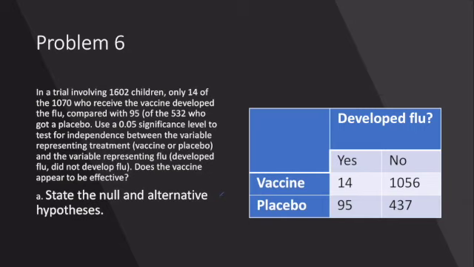So I want to state my null and alternate hypothesis. My null hypothesis is that there is no relationship between the two variables. So there is no relationship between treatment and getting the flu.